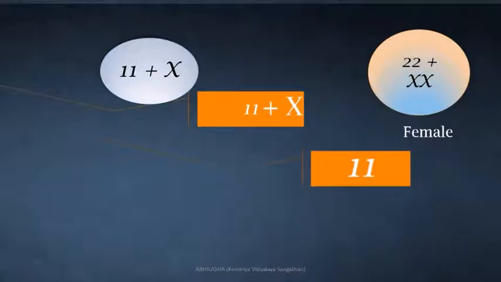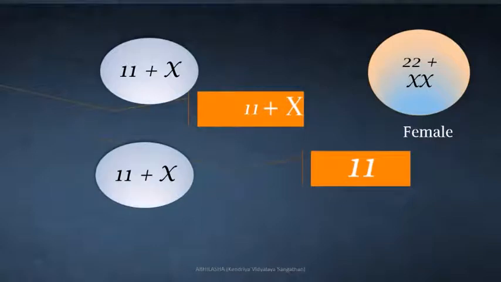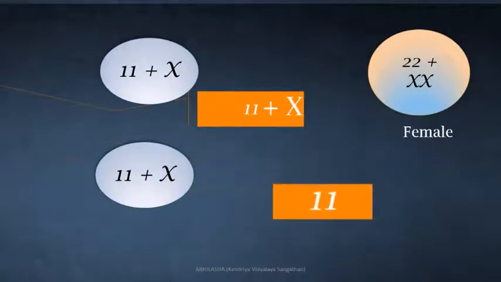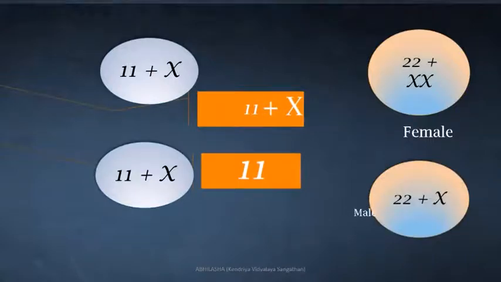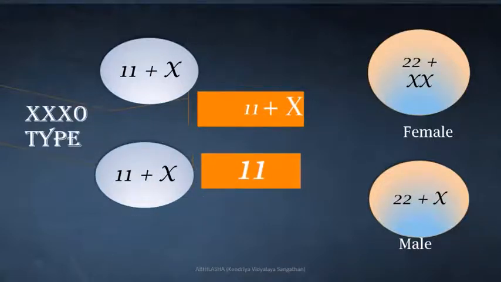And if a sperm without X fuses with the egg, the zygote will have 22 plus X chromosomes, and this will be a male insect. This is how sex determination in most insects takes place, and this mode of sex determination is known as XX-XO type. Here the X chromosome was the sex chromosome and the remaining 11 were autosomes.